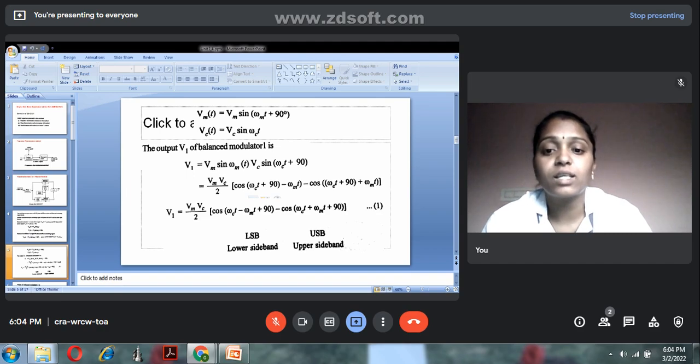So the first term, cos omega ct minus omega mt, is LSB, lower side band, and cos omega ct plus omega mt is upper side band.